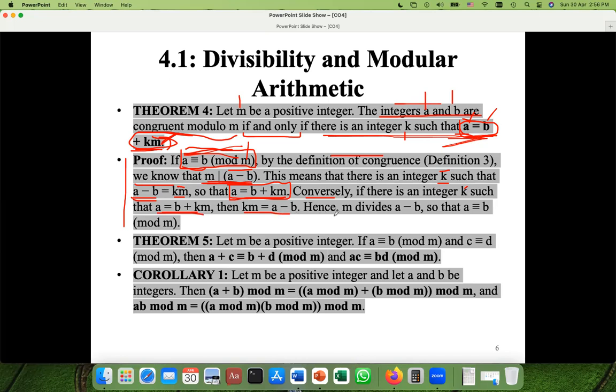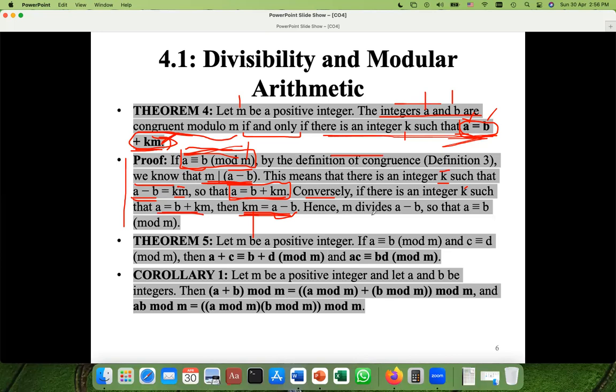So you can write this equation here again, or you can shortly say that it means this M will divide this A minus B, and that K is the quotient.